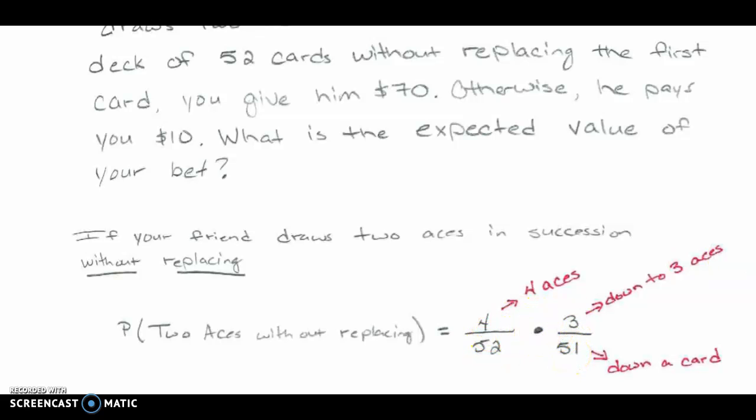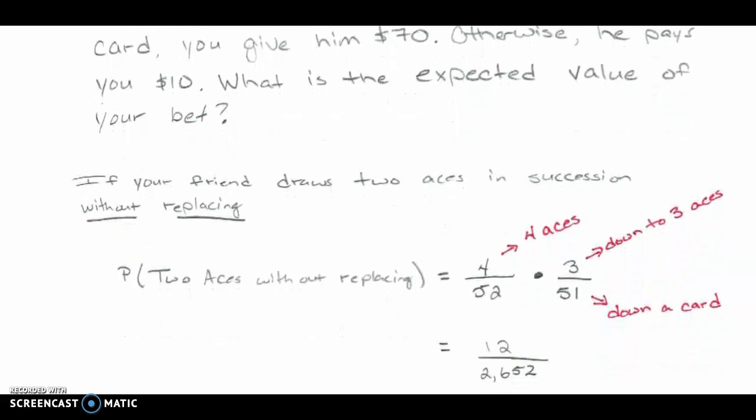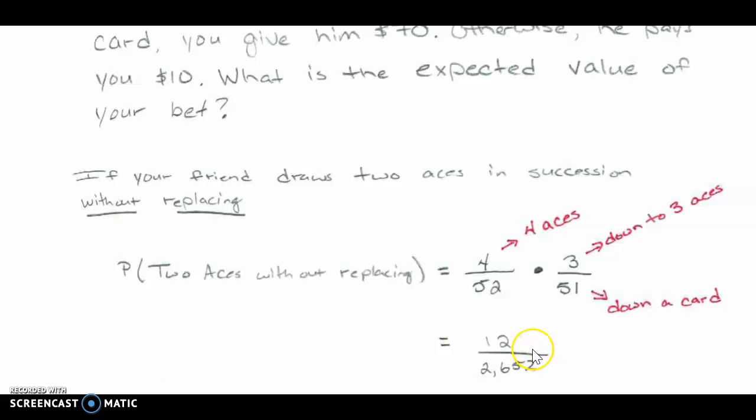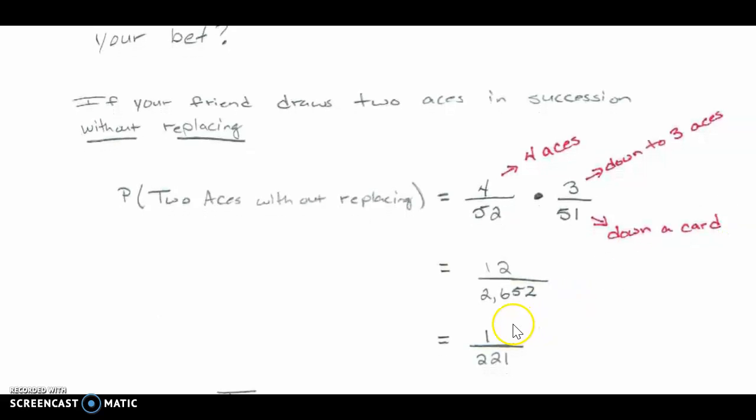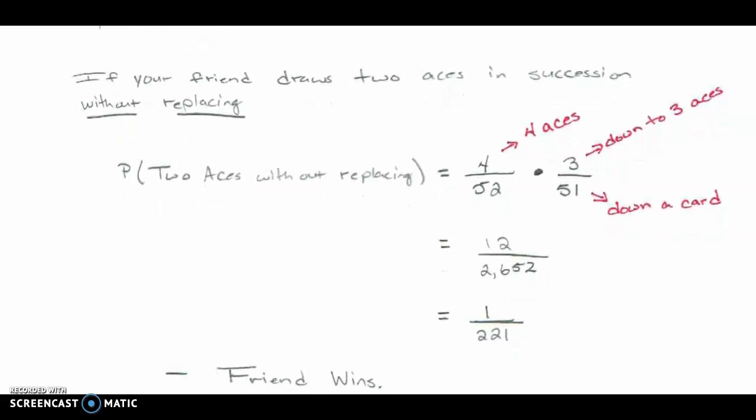And we're multiplying the two to find the probability. So together, that comes down to 12 over 2,652, which reduces to 1 out of 221 chances for him to draw out 2 aces back to back. So that's the probability of him actually drawing the 2 aces.